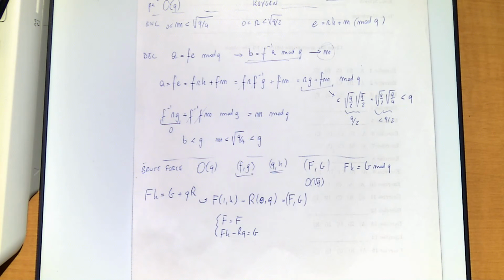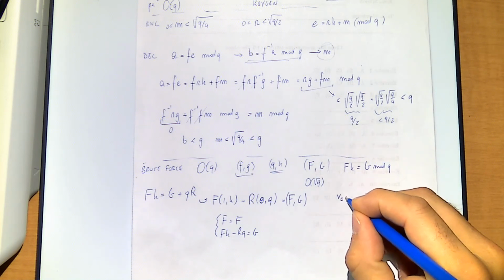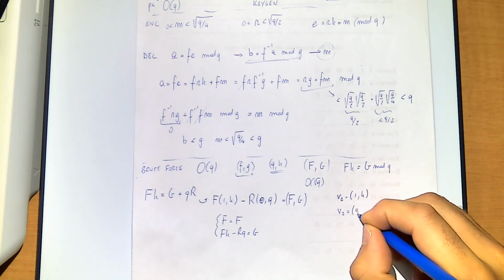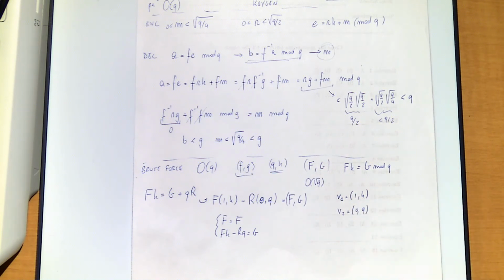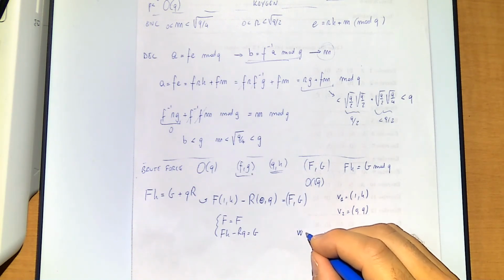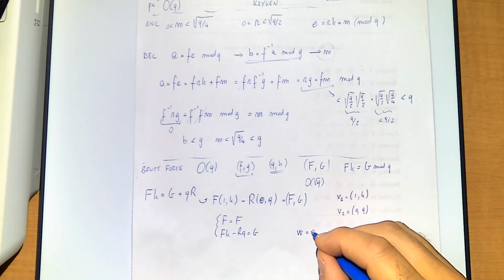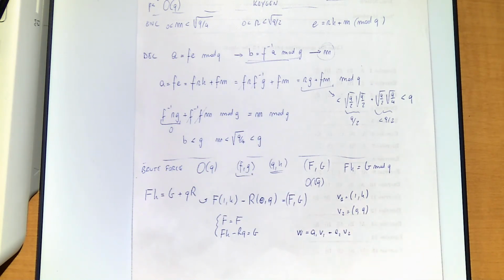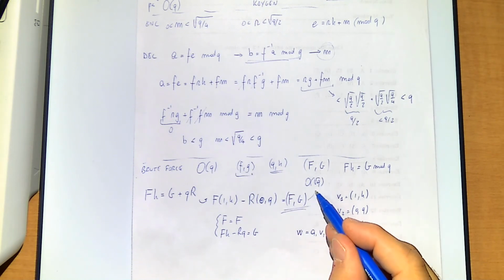In other words, if I write V1 equal (1, H) and V2 equal (0, Q), then what I'm really looking for is a linear combination, let's call it W, such that A1 V1 plus A2 V2 is equal to this vector, which is small.